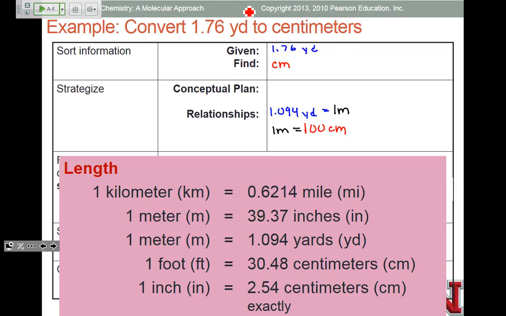And again, you do need to know those conversions. So I don't just have one relationship, but I have multiple relationships. In this case; sometimes you will have just one.